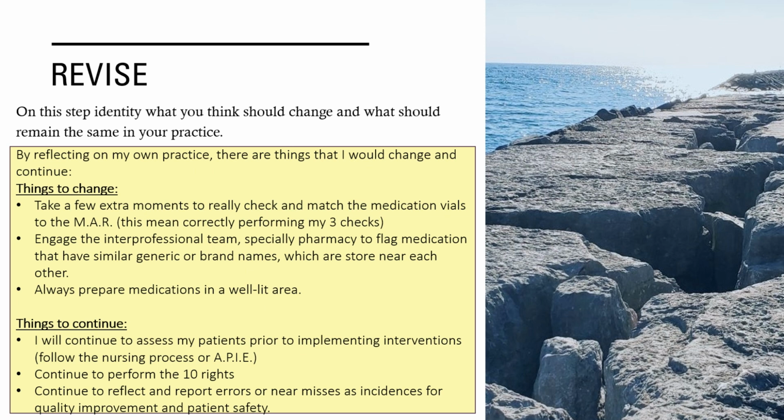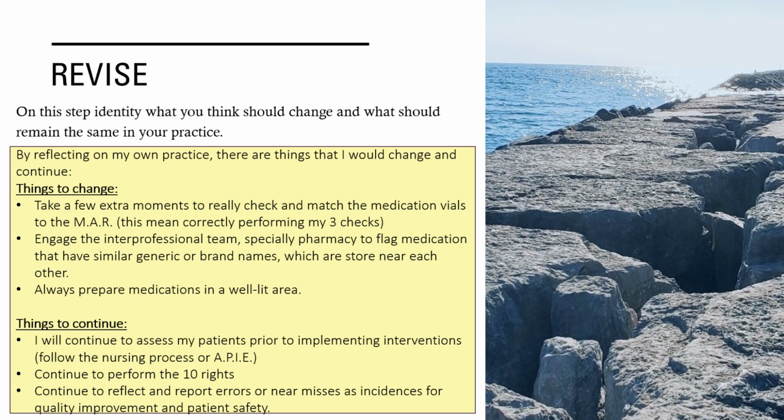On this step, you identify what you think should change and what should remain the same in your practice. So based on my example, by reflecting on my own practice, there are things that I would change and continue. Things that I would change: I will take extra moments to really perform my 3 checks thoroughly.